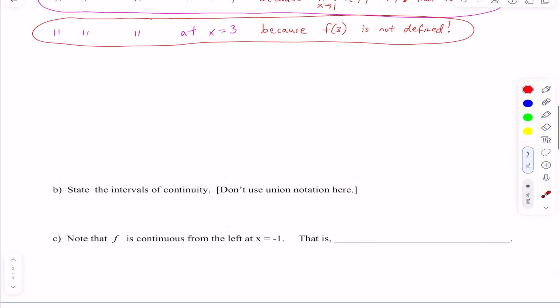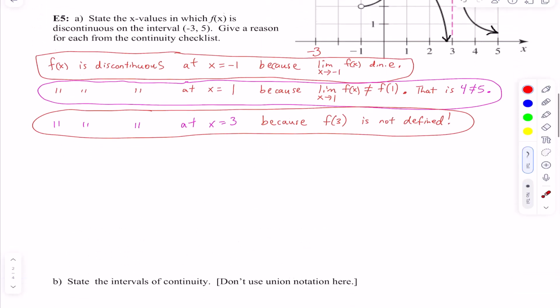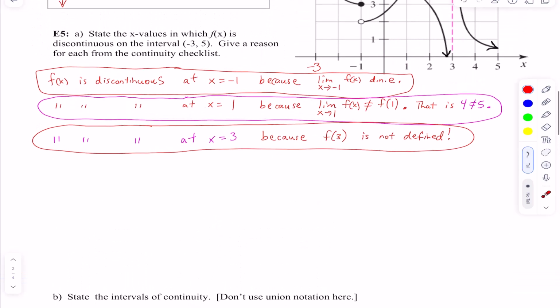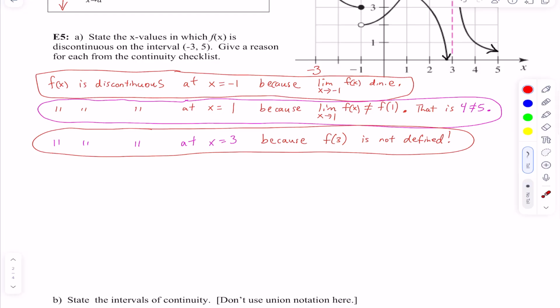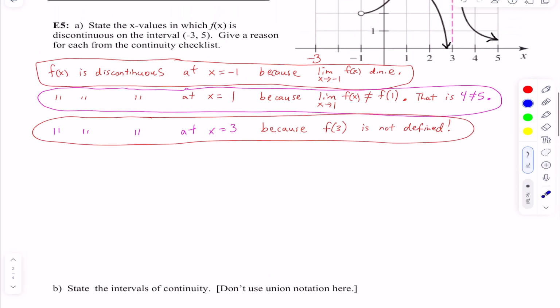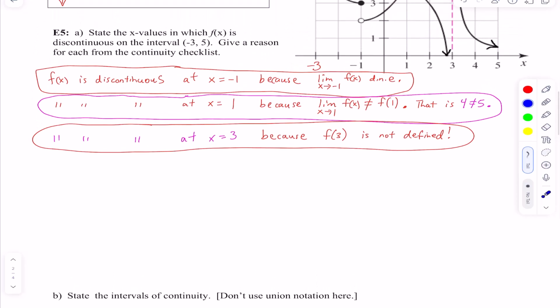Now, can we state the intervals of continuity? The answer is yes. You do have to be a little bit careful. I'm going to try to state the intervals of continuity here. So when is the function connected? Negative infinity up to -1.